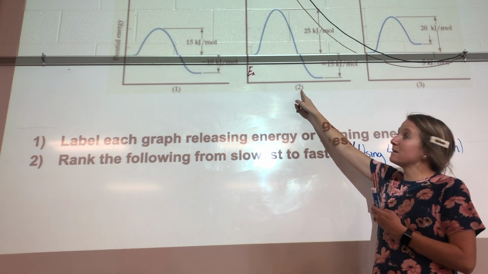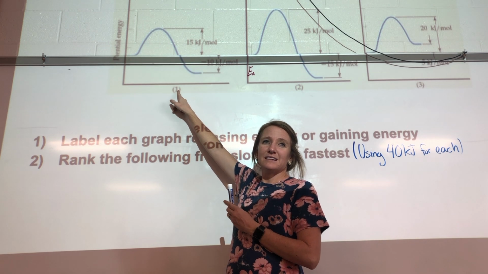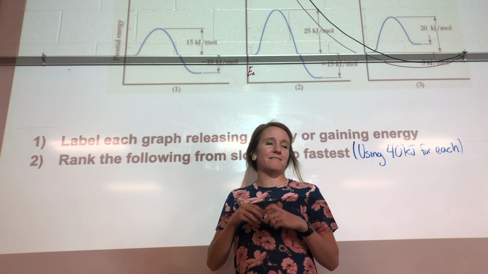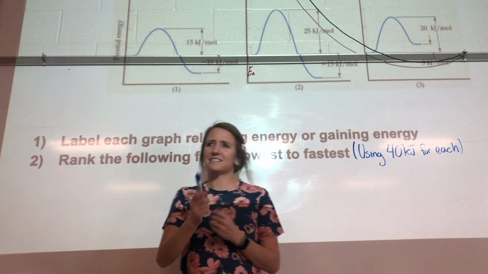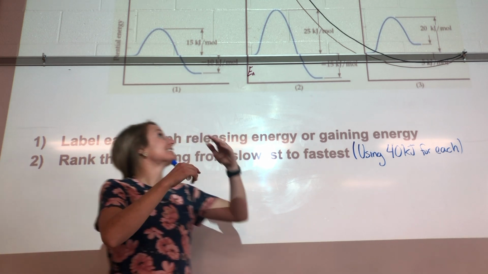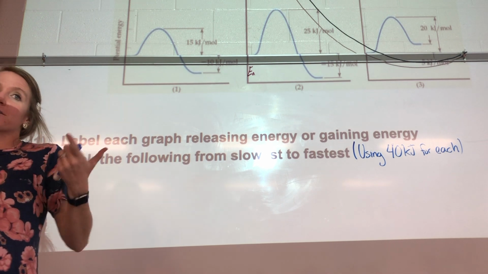So your order should be 2, 3, 1. So if you have 2, 3, 1, you can have a smiley face. Does that make sense now, if it didn't before? The higher the hill, the slower it will be, because it takes more energy for it to go.